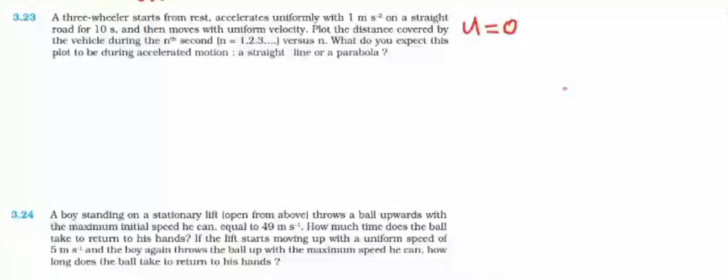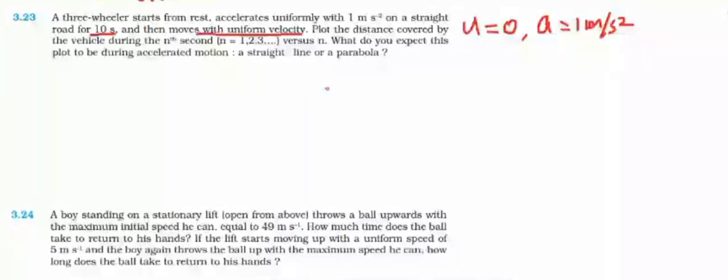It accelerates uniformly with 1 meter per second square on a straight road for 10 seconds. Then after 10 seconds, it moves uniformly. So whatever velocity it has at the end of the 10th second, it retains the same velocity afterwards.